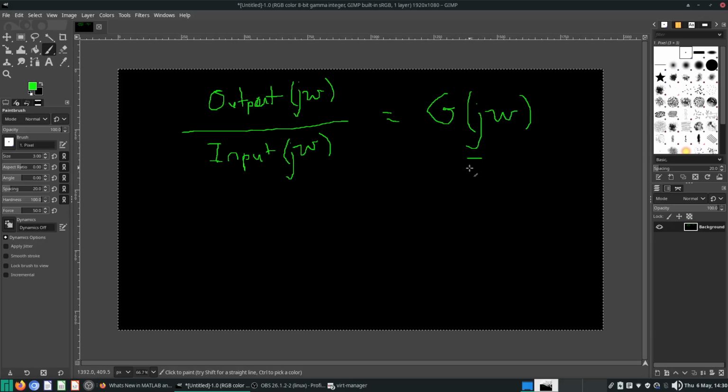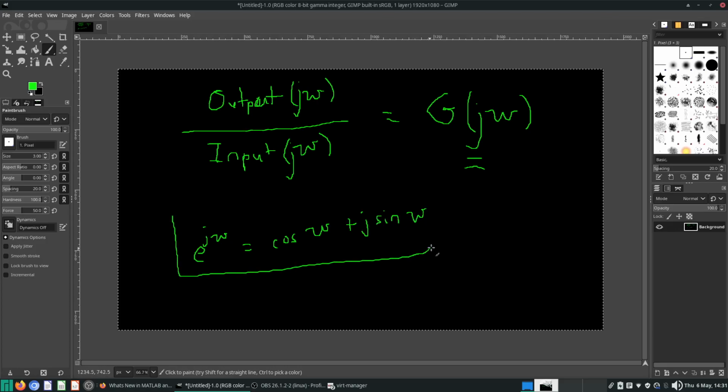Why is there this imaginary number here? Because e to the j omega equals cosine omega plus j sine omega.